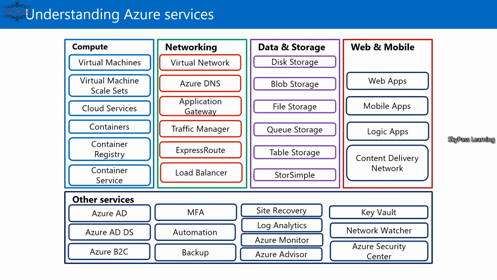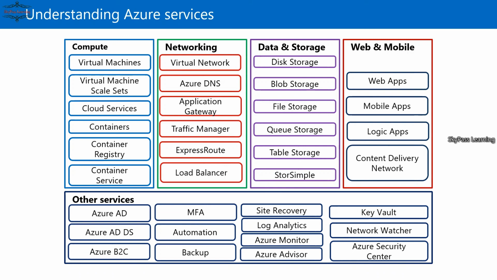We have web and mobile based application deployment functionality available, and these are all associated with Azure Active Directory, Active Directory Domain Services, multi-factor authentication, key vaults, network watcher, backups, monitoring, and a lot of things.